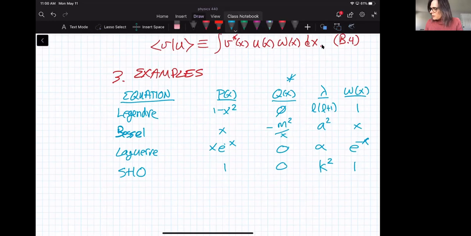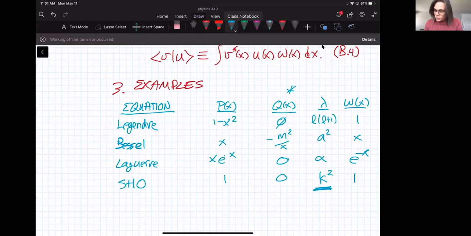In terms of the way that we've defined it before, if we want to define what our eigenvalue is, it's what's multiplying the value of y. The weight in this case is equal to 1. We've been able to show that you can get orthogonality just by integrating the different eigenfunctions together. And then I can fill out a table, or we can discuss other equations separately.